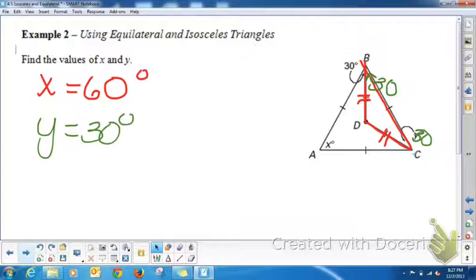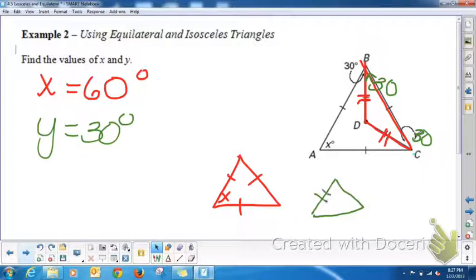So we got the 60 because we knew the bigger triangle ABC, if that was x, then these are all 60, 60, 60. Because it's equilateral, it's equiangular. We got the value of y because of this smaller triangle. We knew that these sides were congruent, and if this angle was 30, then this base angle is 30, because the base angles are congruent.